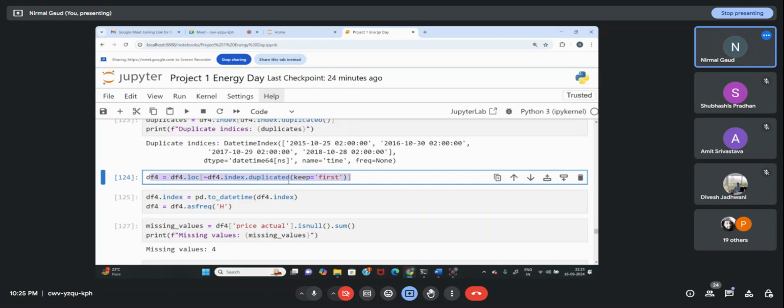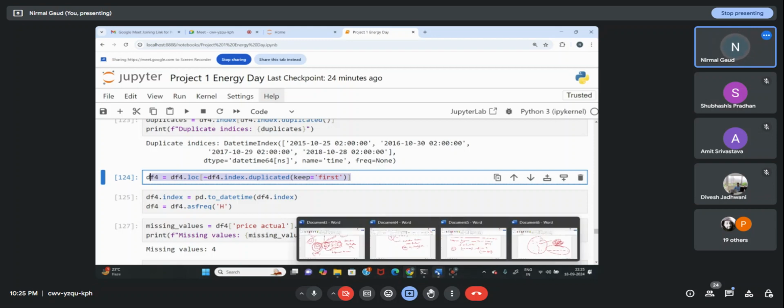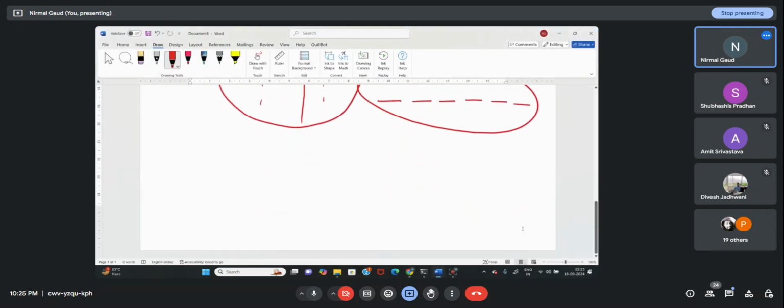For example, if you have 2015-01-01 and the next entry is also the same, these two are duplicates.